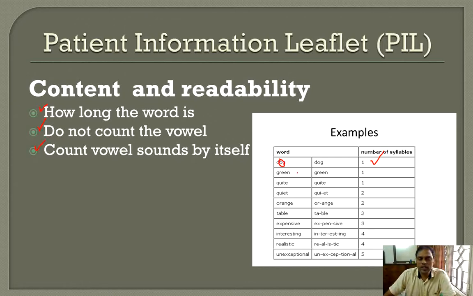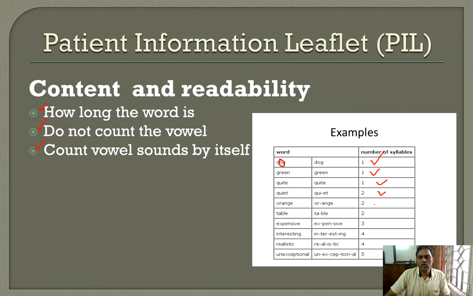And then green, of course there are two vowels here, E, but while saying, we don't separate that out. It comes as one E, green, right? So even though there are two vowels, it has one syllable. Like this, examples are given here. Quiet has two syllables, you say I as well as E.